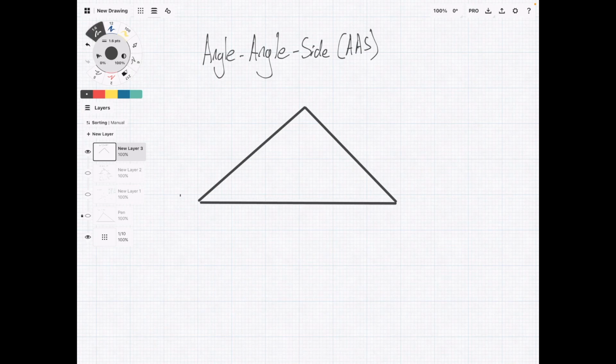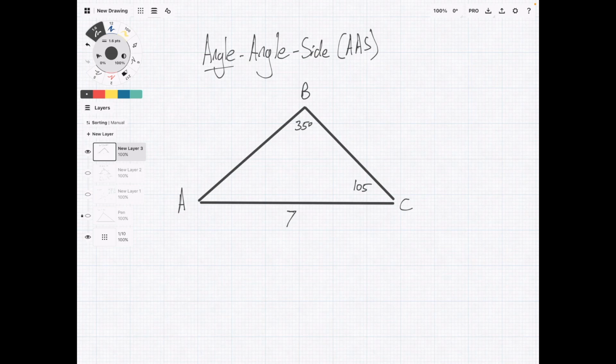So again, we have triangle ABC. In this case, angle B is 35, angle C is 105. We know little b is 7, and that's actually all we know.